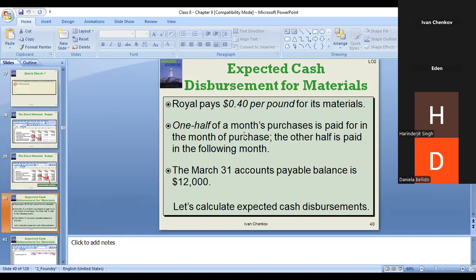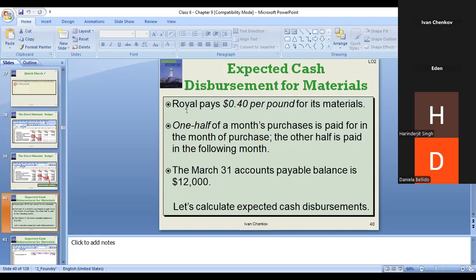Now let's see the next one. Once we purchase the materials, obviously we have to pay for that material. That will be our accounts payable. So how are we paying for the material? First, for the material, we're paying 40 cents per pound.